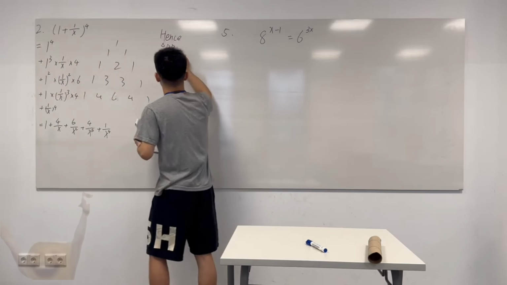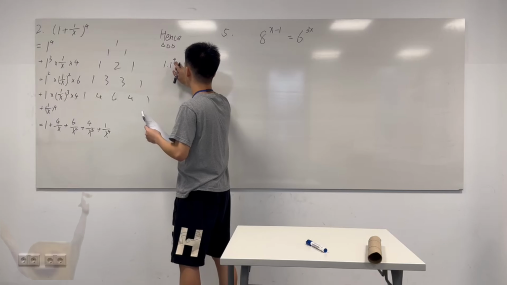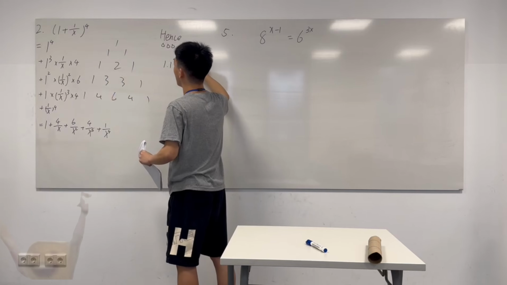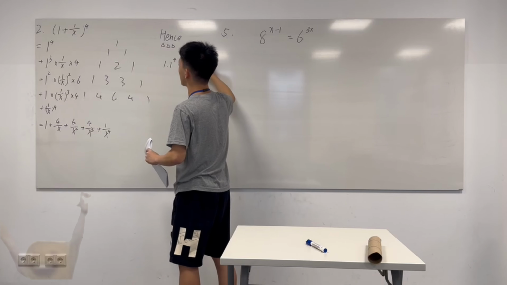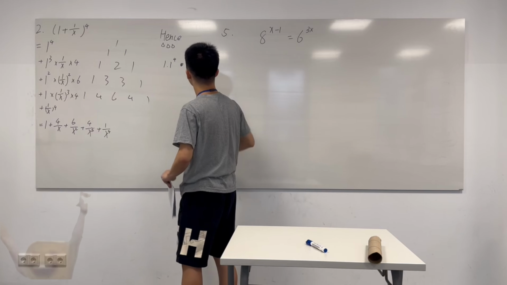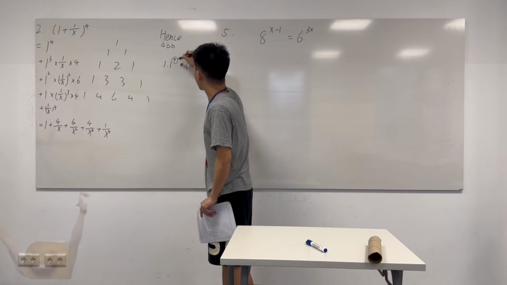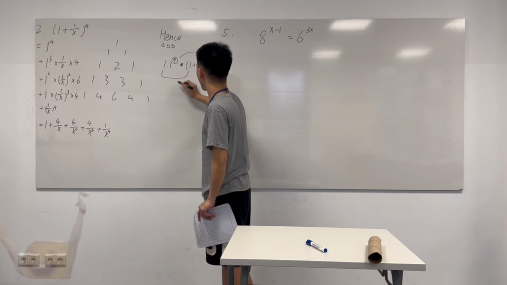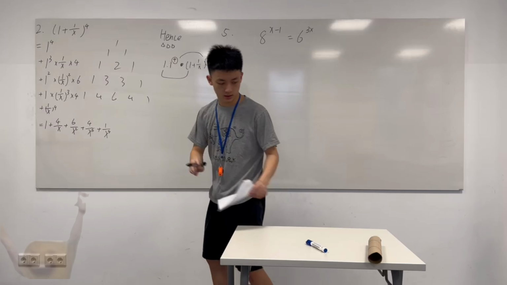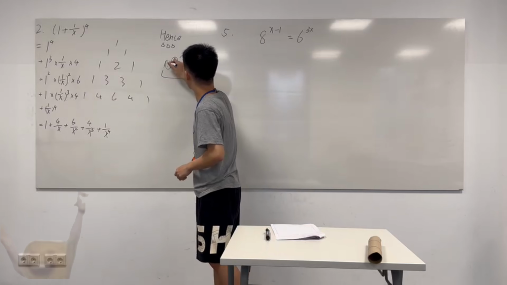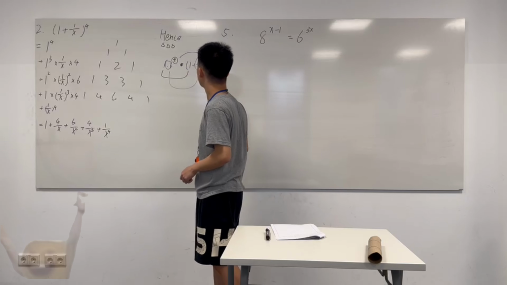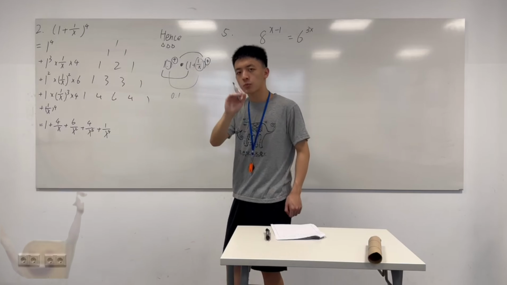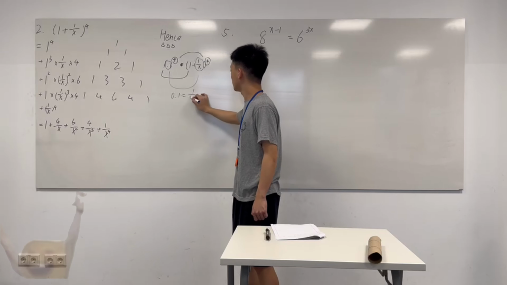Okay, so we know that the question asks 1.1 to the power of 4. And the thing we get here is something like 1 plus 1 over x to the power of 4. So to the power of 4 is something common, and both of them have a 1. So the only difference is this 0.1 and 1 over x. But the thing is, we know that 0.1 is equal to 1 over 10.